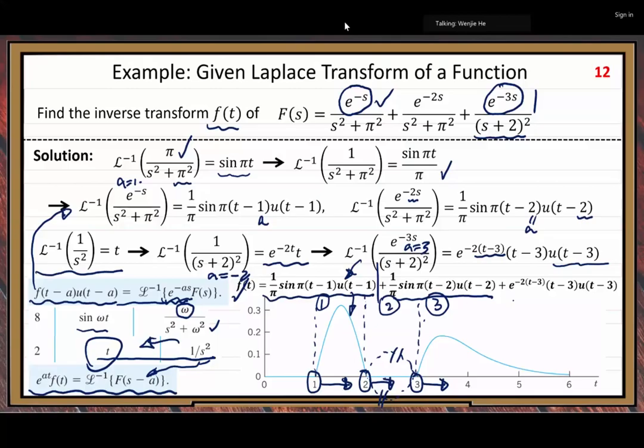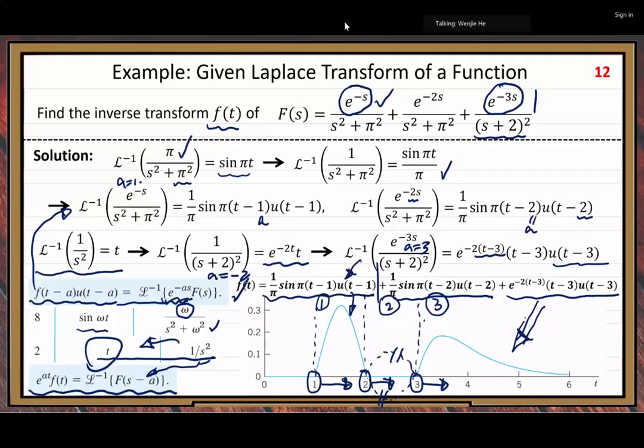So after 2, the first and second terms always cancel out. Then after 3, only the third term has contribution. The first 2 terms cancel out.